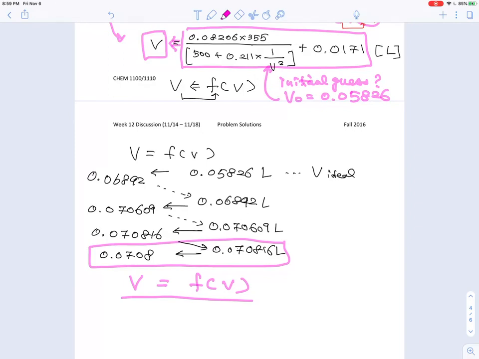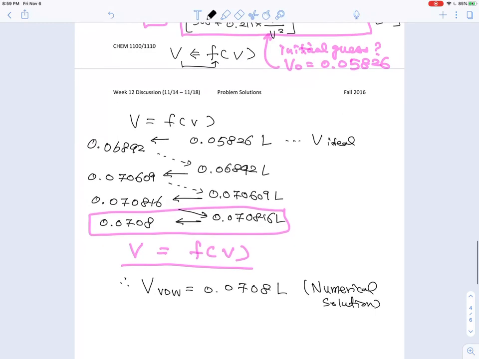Therefore, I solved the volume for the van der Waals gas, which is 0.0708 liter, by numerical solution using what is called successive approximation.